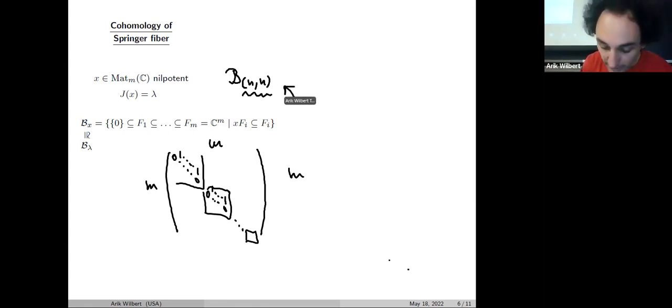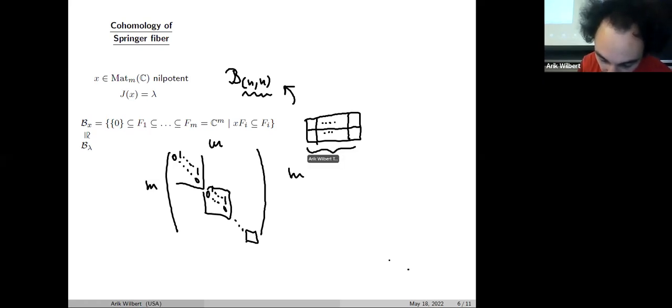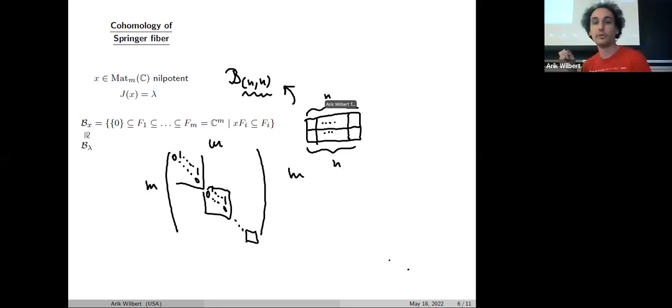So what I'm doing here is looking at a partition. I don't know how familiar you are with this if you are a topologist, but I draw a partition using these Young diagrams. It's just a bunch of boxes. So this is the partition corresponding, let's say, to n boxes in the second row and n boxes in the first row.